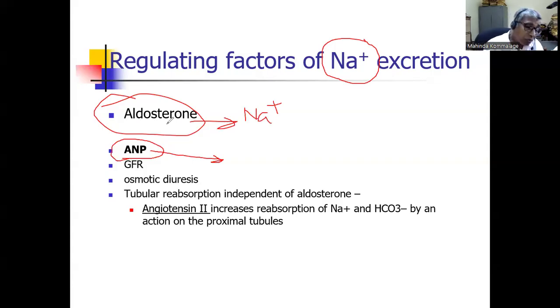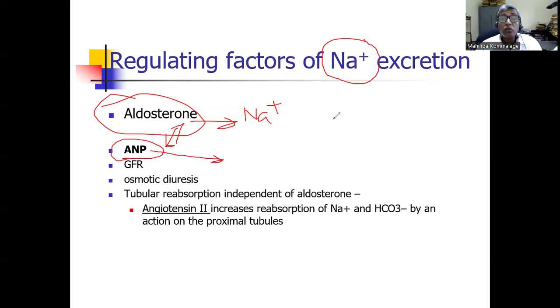ANP will remove sodium from the renal tubule. In other words, aldosterone, by reabsorbing sodium, will increase the water content in the body. ANP, by removing sodium, reduces the water content in the blood. So it's the opposite effect of aldosterone and ANP.